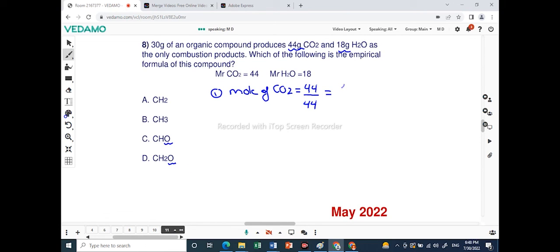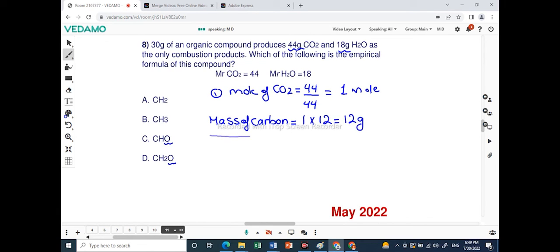So this is, of course, one mole. I'm going to continue on having the mass of the carbon. Since it's the same mole number, it is 1 multiplied by the molar mass of the carbon, which is 12. So I have 12 grams.